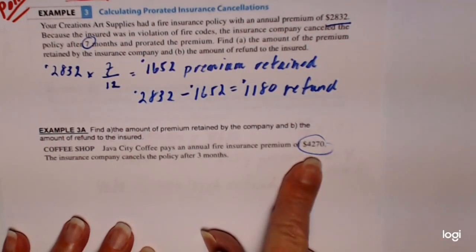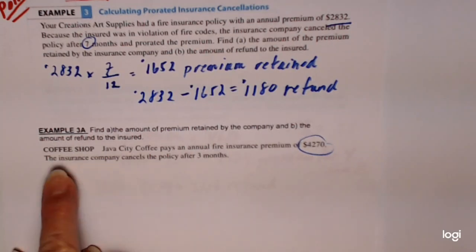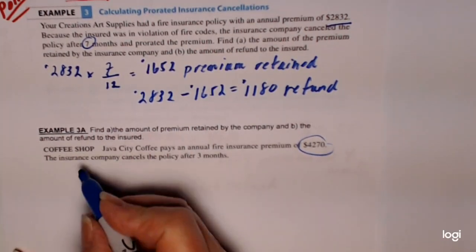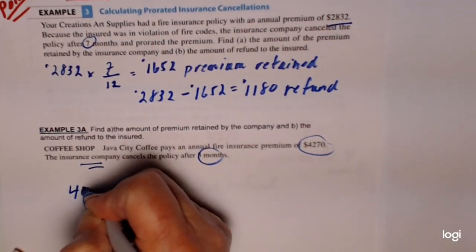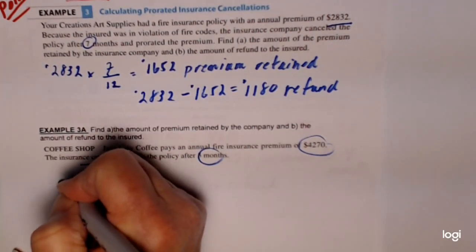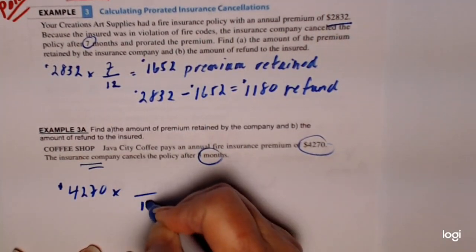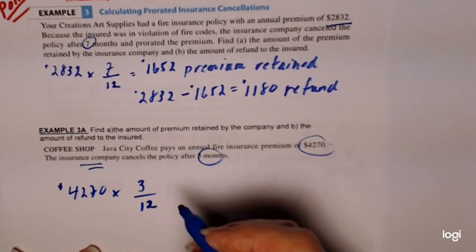So annual premium $4,270, and now again insurance company cancels, and this time after 3 months. So we take our annual premium, $4,270, and over 12, because there's 12 months in the year, and in this case, it's canceled after 3 months.